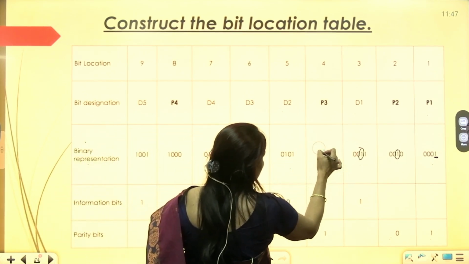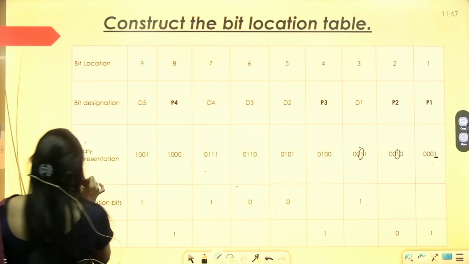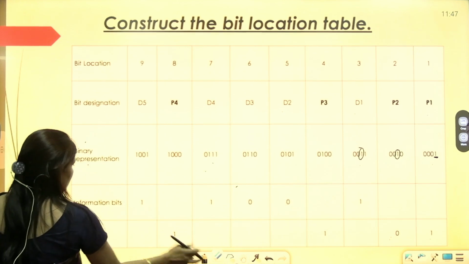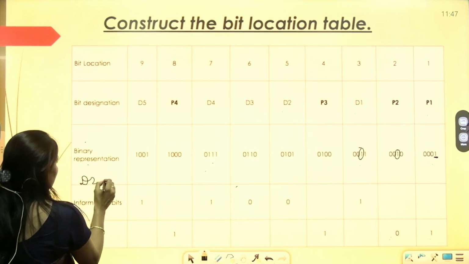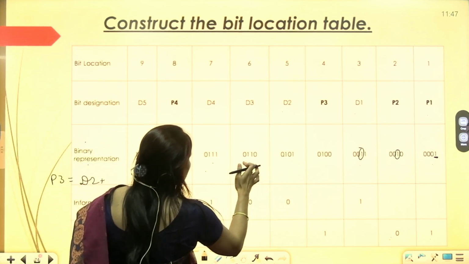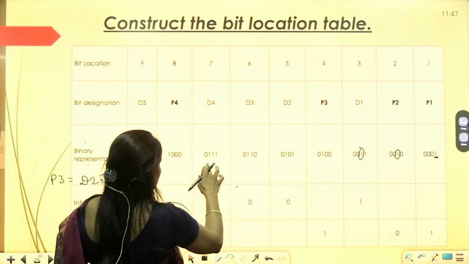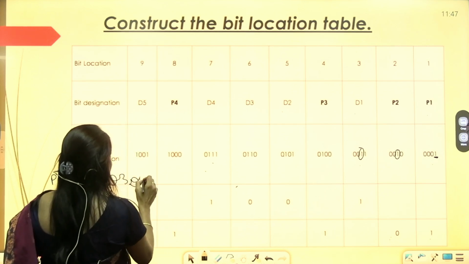Next, P3. Third position, check the ones: D2 plus D3 plus D4.